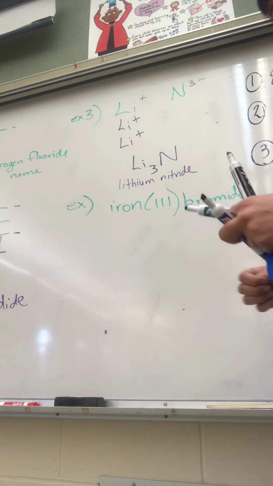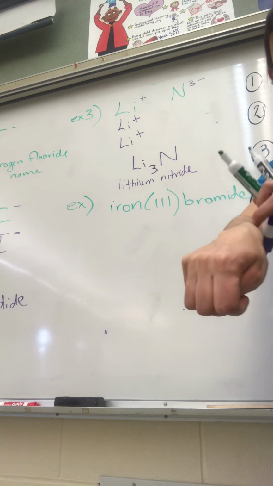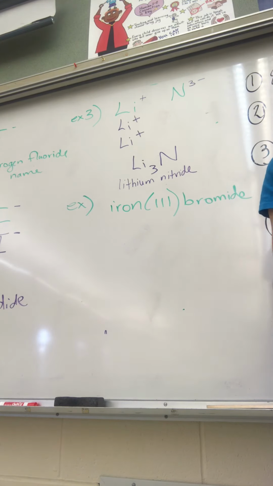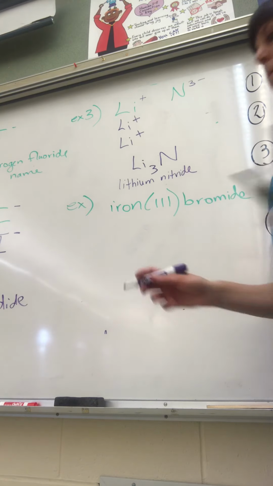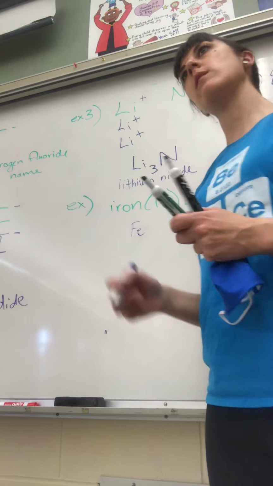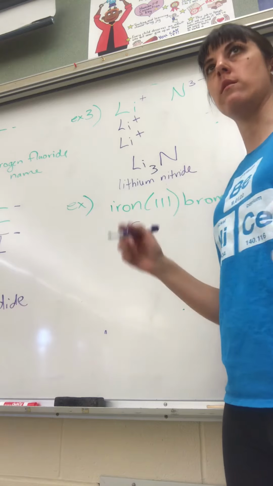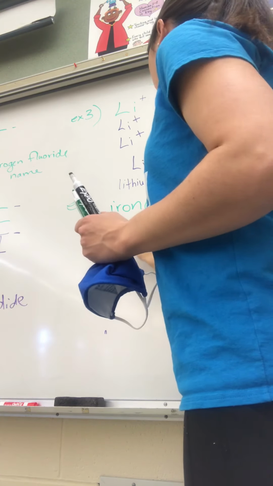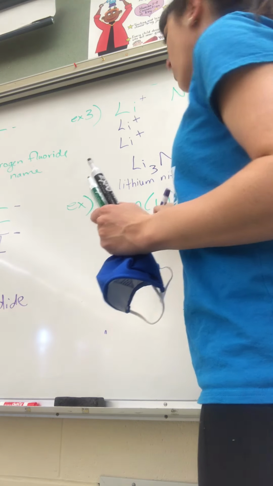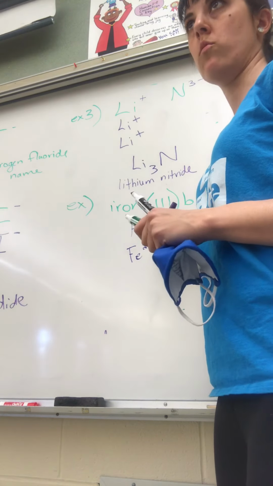We'll just give our classmates a minute to think. What's the symbol for iron? Now on your periodic table, what does it say the charges are? What are the choices? That's what this is for, it tells you which one to choose.